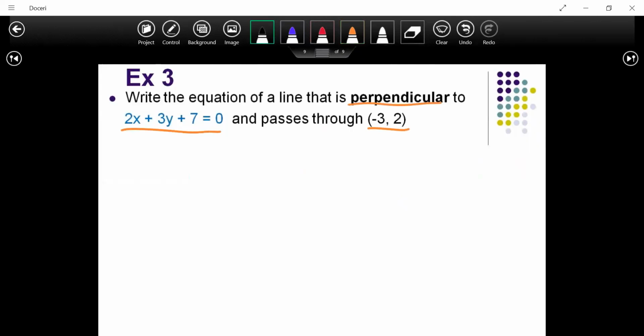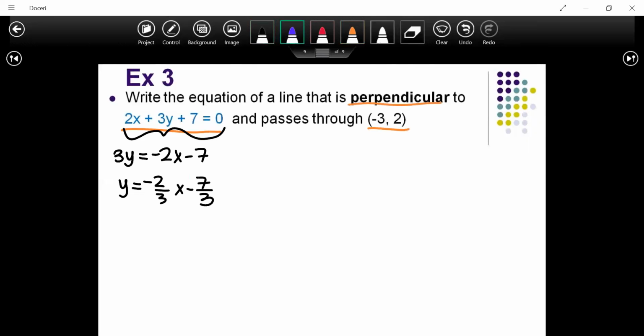Okay. First thing I want to be able to do, I've got to convert this into y equals mx plus b. I'm going to subtract out my 2x and my 7 to get 3y is equal to negative 2x minus 7. We're going to divide out by 3 to get negative 2/3 x minus 7 over 3.